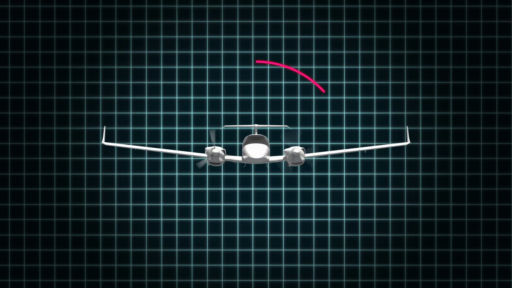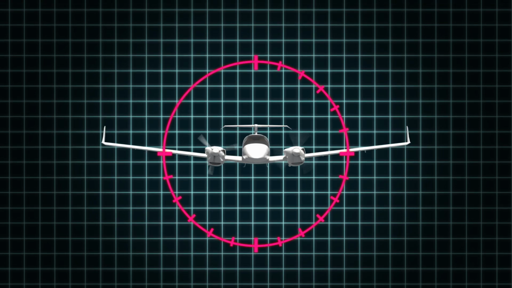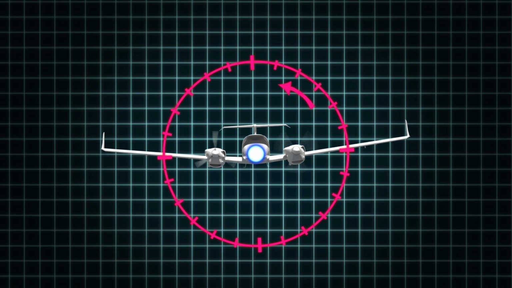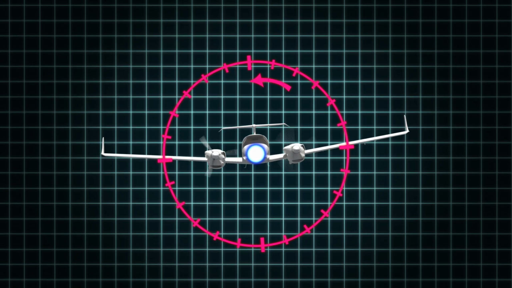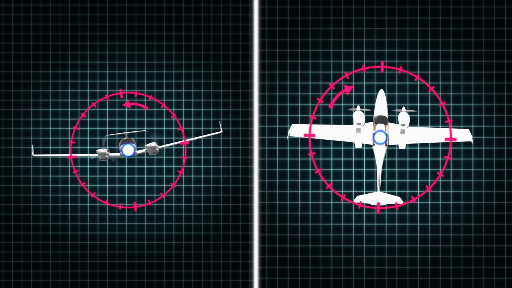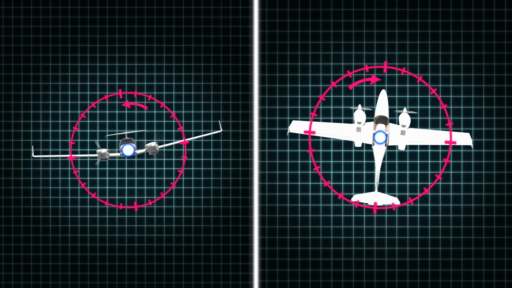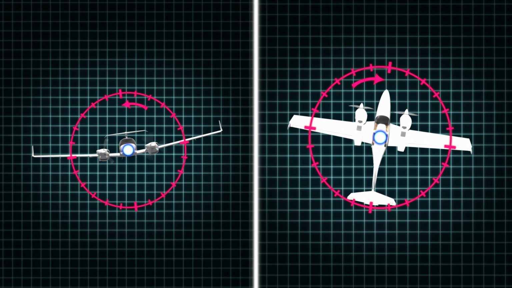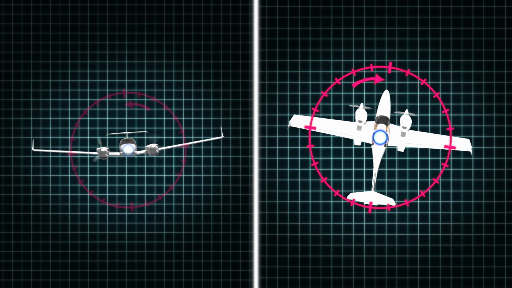In addition to the plane yawing, the imbalance of airflow generated by the propellers will cause the plane to roll towards the inoperative engine. Simply put, the airplane yaws and rolls in the direction of the inoperative engine. The magnitude of yaw and roll is dependent on the amount of asymmetry in the thrust the aircraft has.